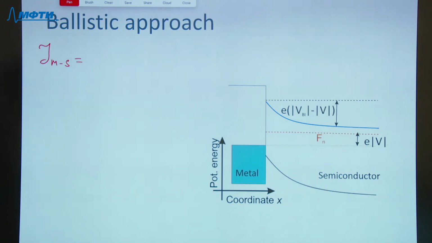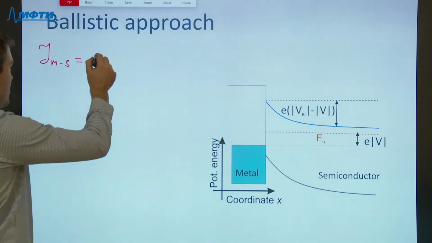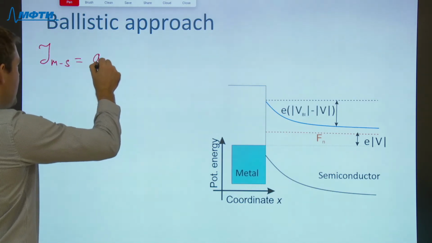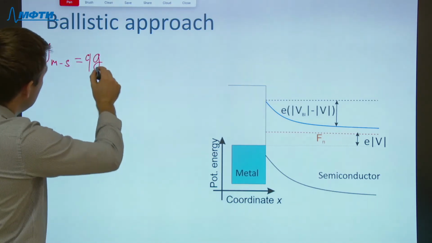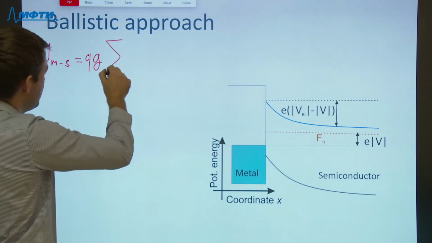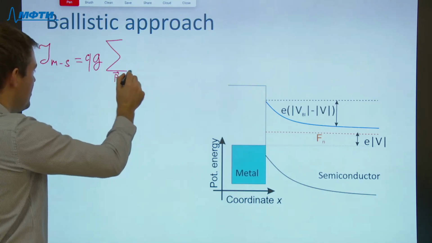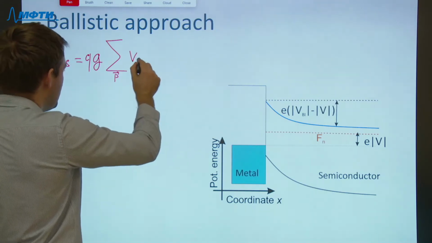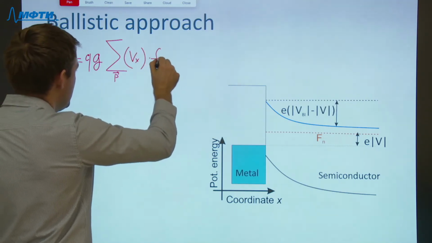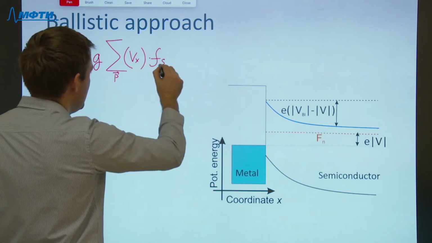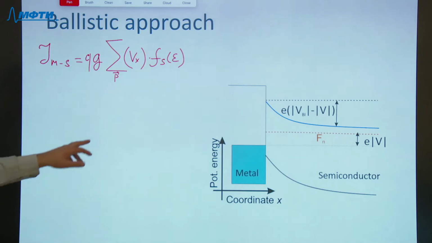The flux is nothing but the average velocity. You know already how to find the averages. You multiply the charge by degeneracy factor, which is 2 for electrons. You need to integrate over momenta the quantity of interest, the x component of velocity, with the distribution function at the semiconductor side that depends on the energy.